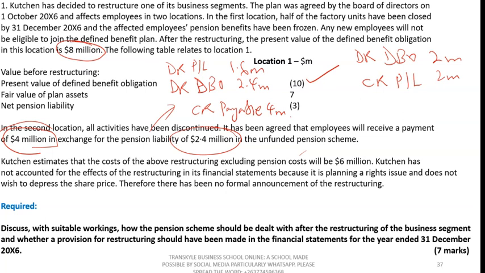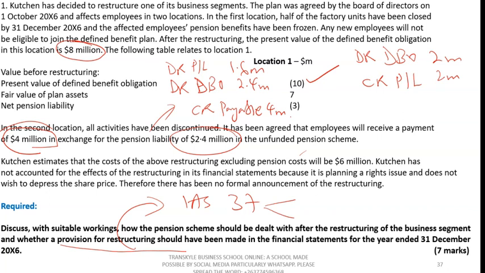Now, when you are talking of the provision for restructuring, this is an item of IAS 37, Provisions, Contingent Liabilities and Contingent Assets. Okay, that's the accounting standard. And we know that for us to recognize a provision for restructuring, two criteria have to be met.